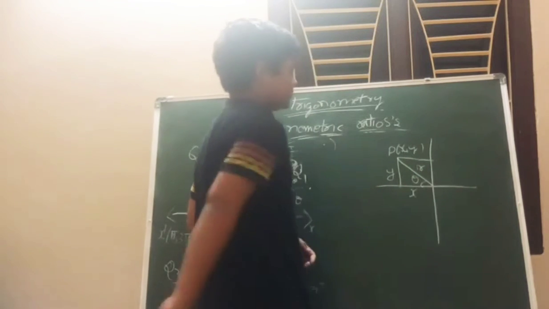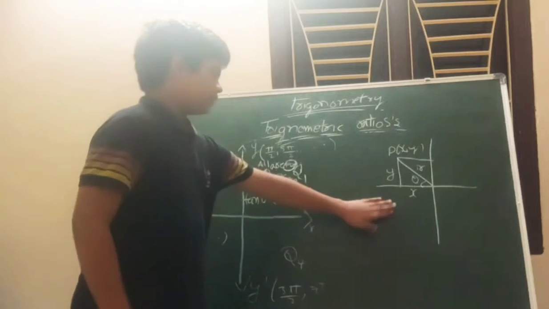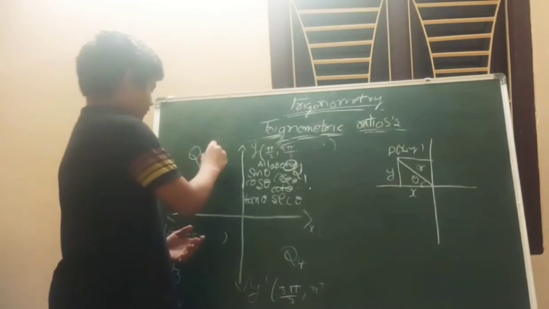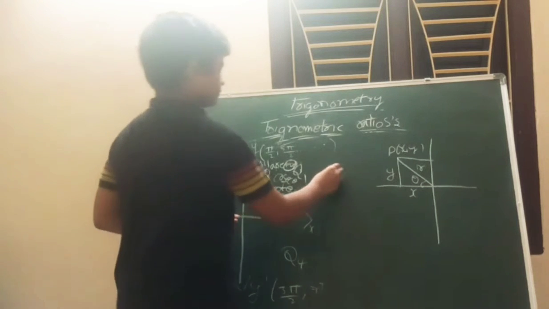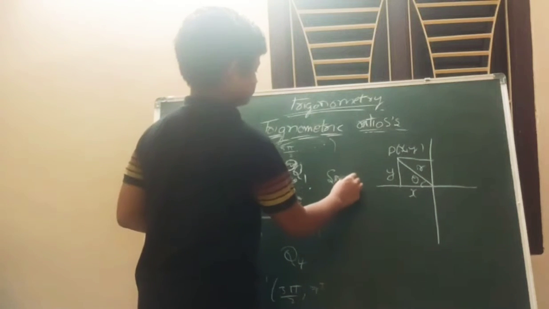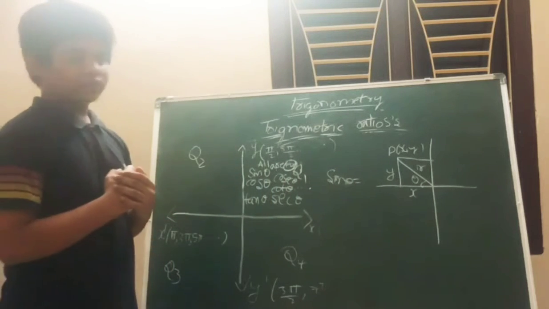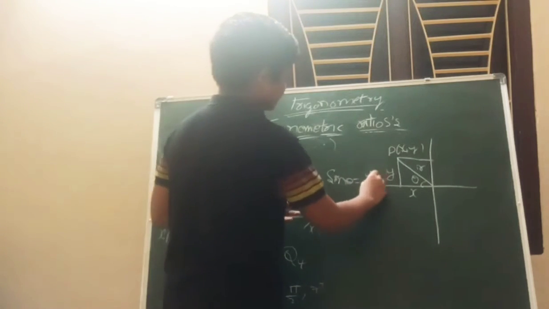Let us suppose this angle is theta. So first let us observe sin theta. Sin theta is the opposite side to theta by the hypotenuse, that is y by r.